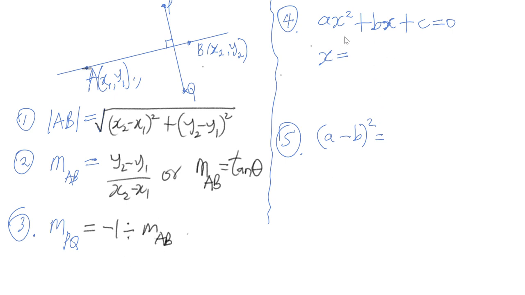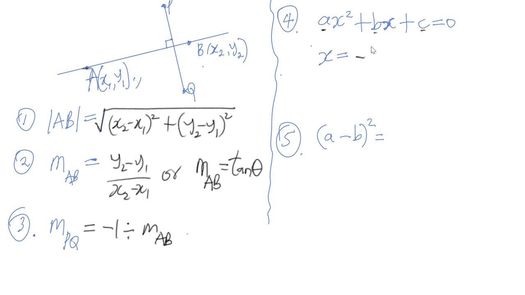Next key point, in the course of our solving, we'll come across an equation of this kind called the quadratic equation. How do you solve for x? Note that A, B, and C are certain values, they are constants, and you want to solve for x.